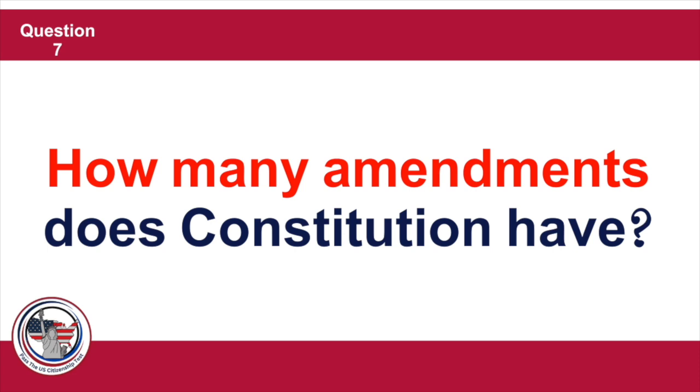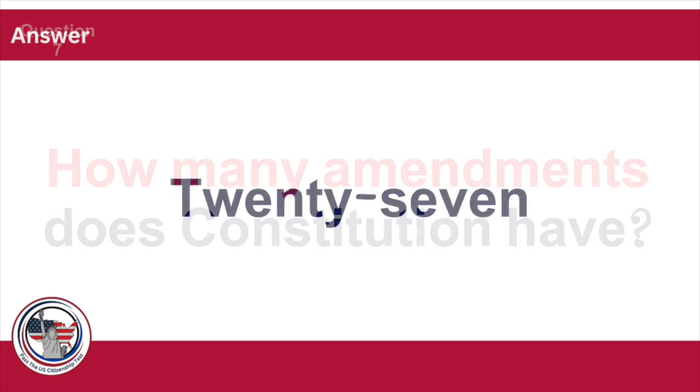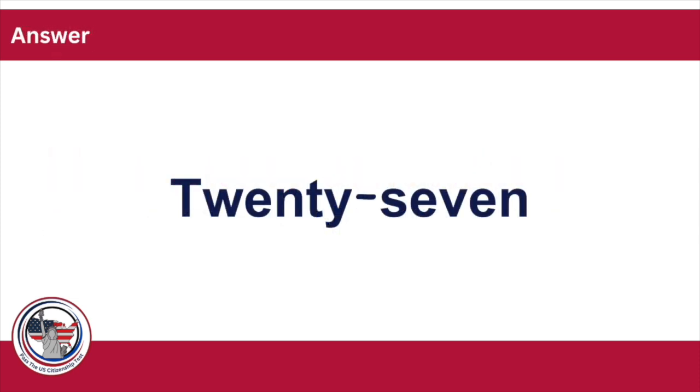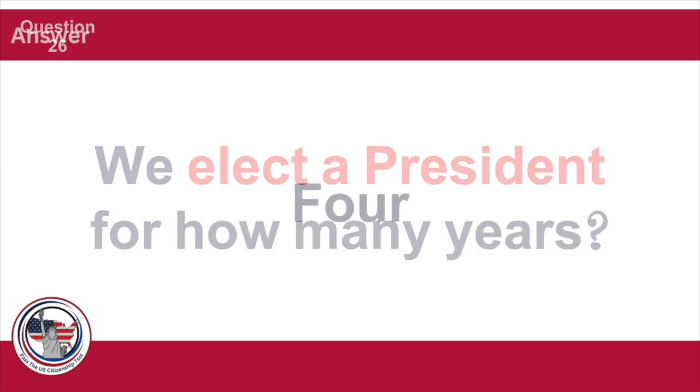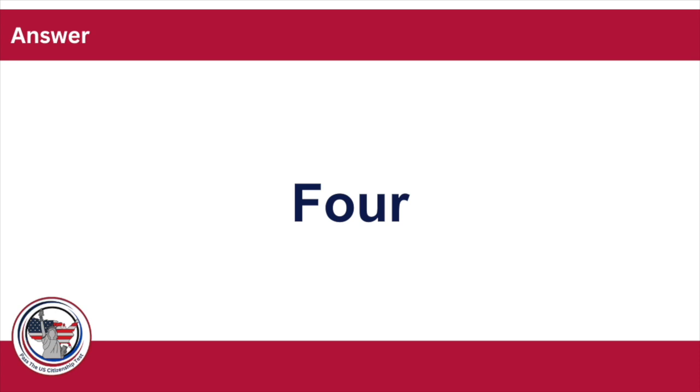How many amendments does the Constitution have? 27. We elect a president for how many years? Four.